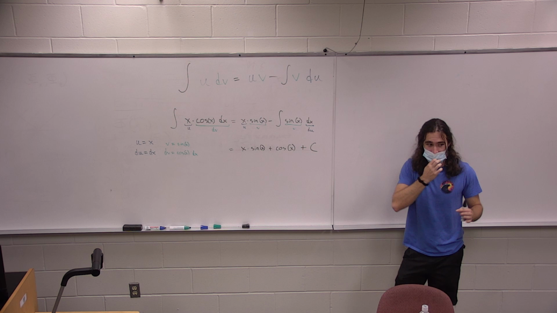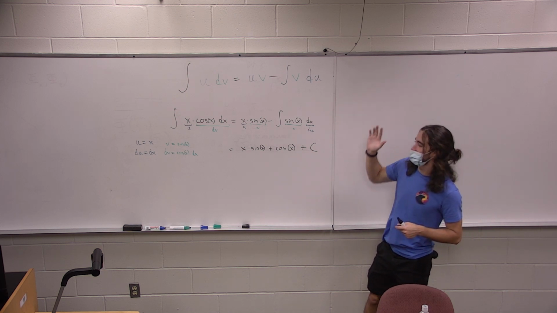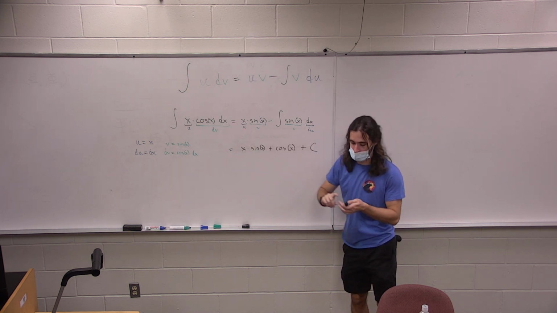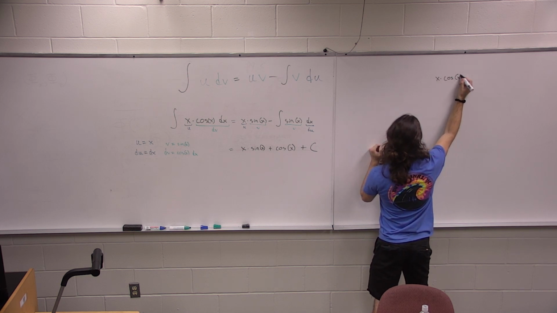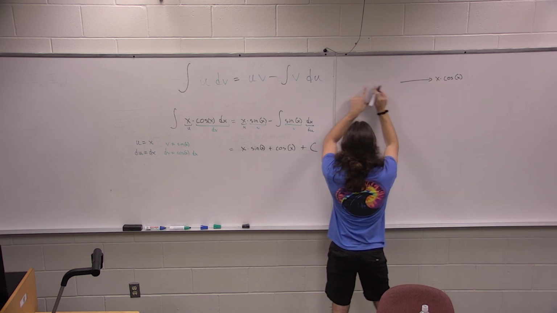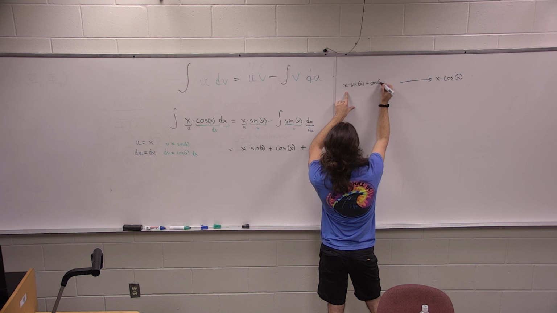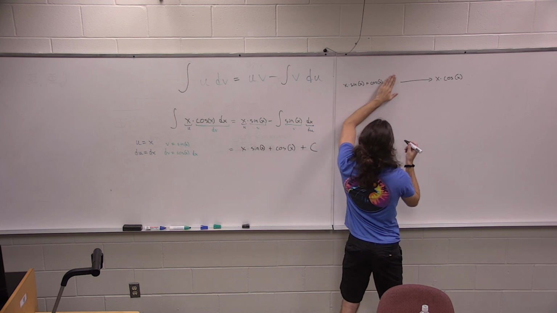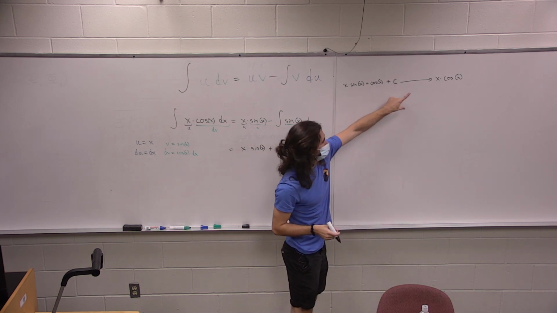So allegedly, using the integration by parts formula, we have come upon the alleged fact that the antiderivative of x times the cosine of x is x times the sine of x plus cosine of x. And then of course plus 7 or whatever you want at the end, right? Plus c.